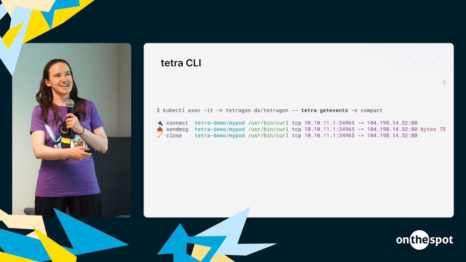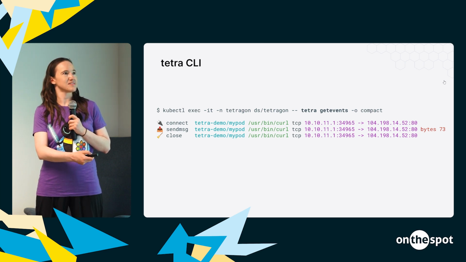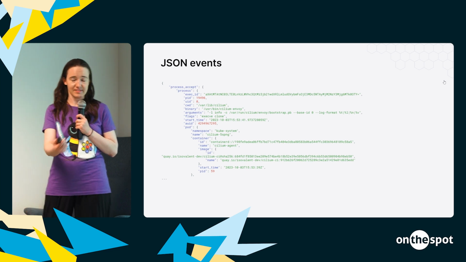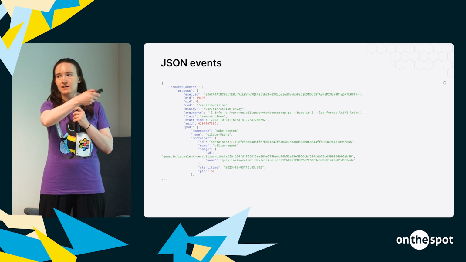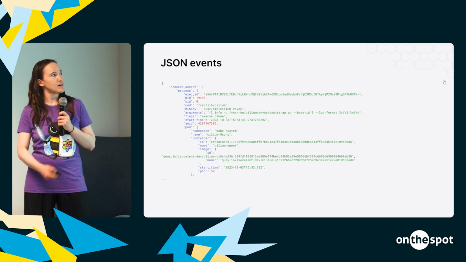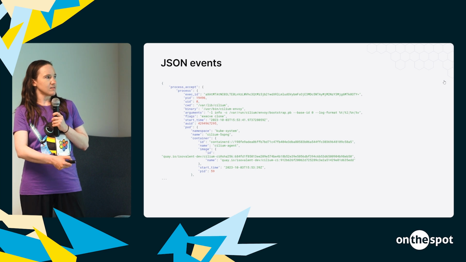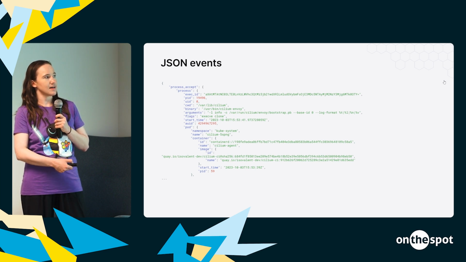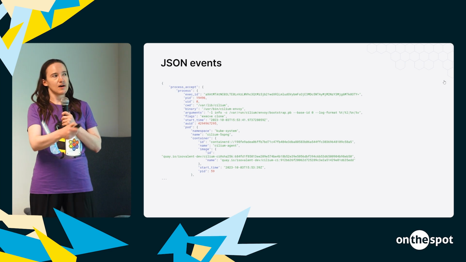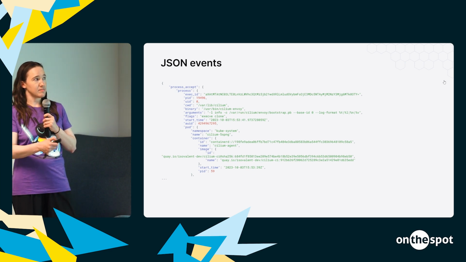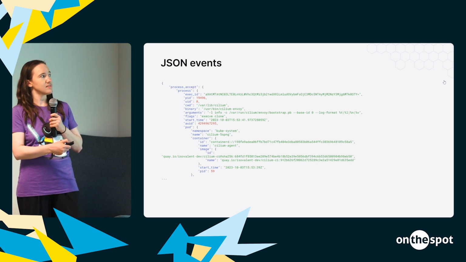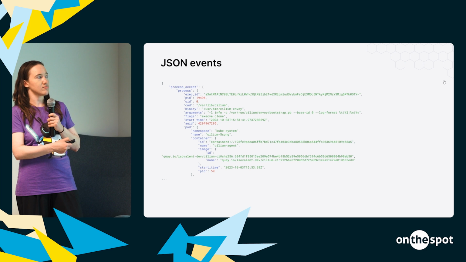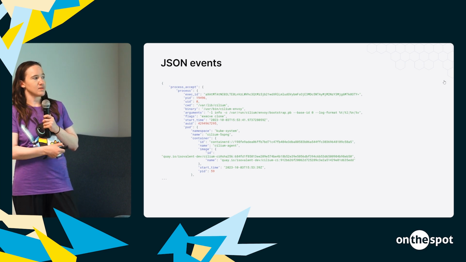This is for demos. What is used in production more often is events in JSON format, and Tetragon events look like that. They are pretty wide JSON, where here we can see only part of it, but here we can see process metadata. Tetragon events are associated with a process, and for each process we can see all the Linux details of this process, like what binary was executed, its arguments, process ID, start time, and also Kubernetes metadata.